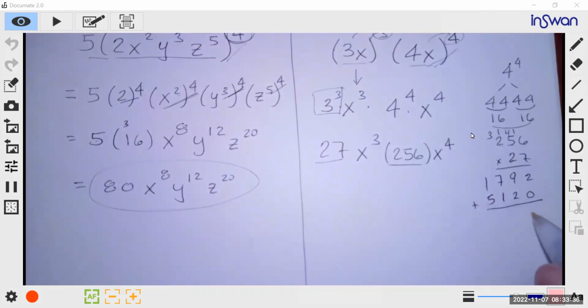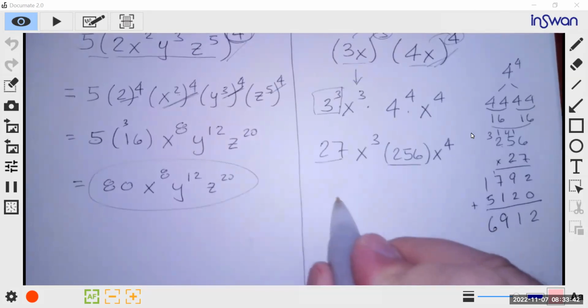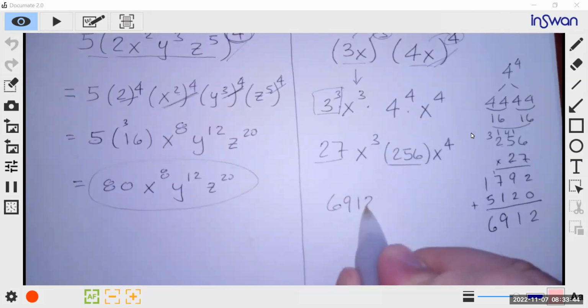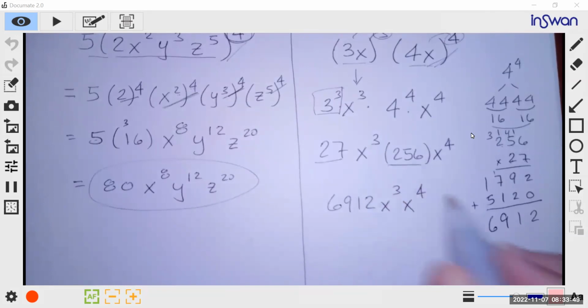And add those. So it's 6912, x to the third, x to the fourth.